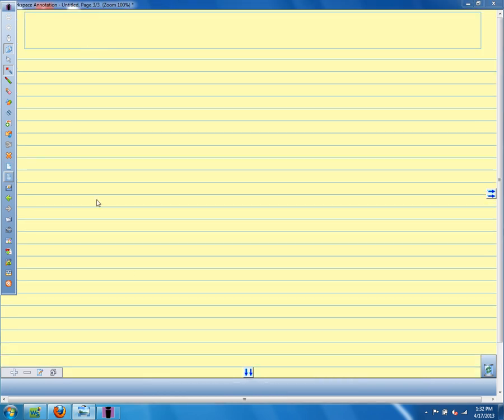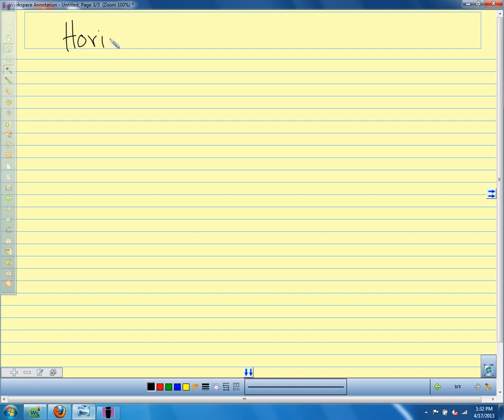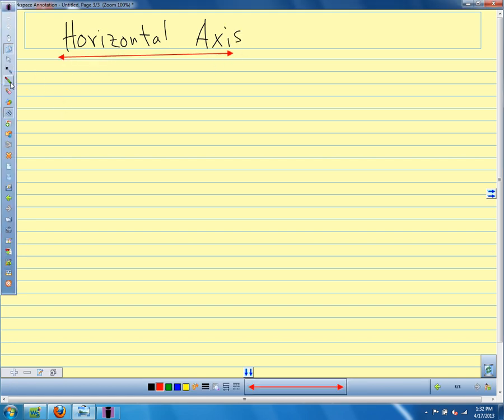With a horizontal axis, x and y just switch places. The way we know that we have a horizontal axis is if y is squared.